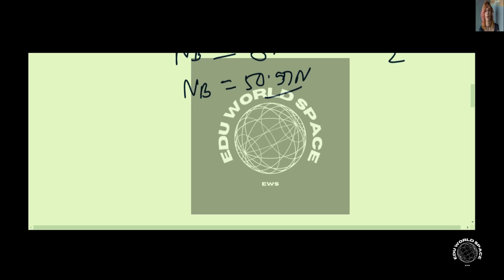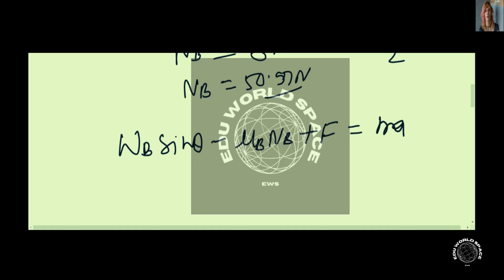In the x direction for block B, we have WB sine theta minus mu B into NB, and the link force supports the motion of block B, so plus F equals ma.